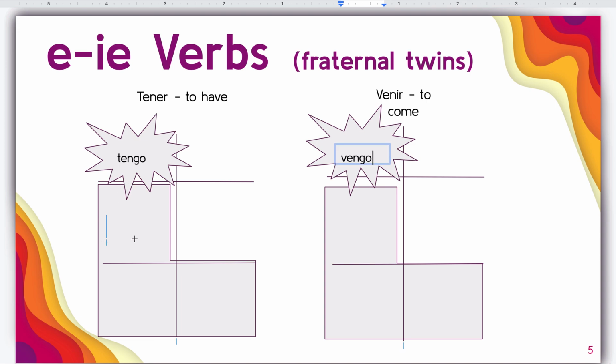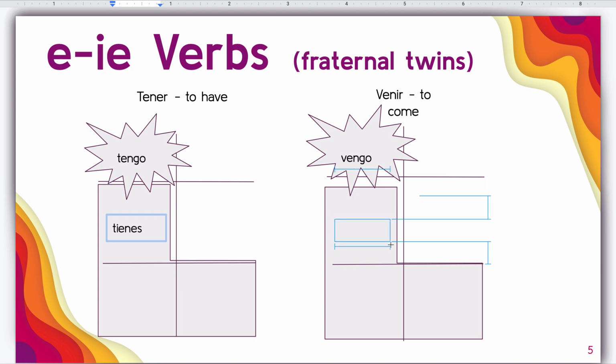Tú form, notice I have this like an L right here. The reason why I have the L is because the E to IE is going to happen in these three and not in these two. So what that looks like is tienes, kind of like cuántos años tienes. How many years do you have? That's where that verb comes from.